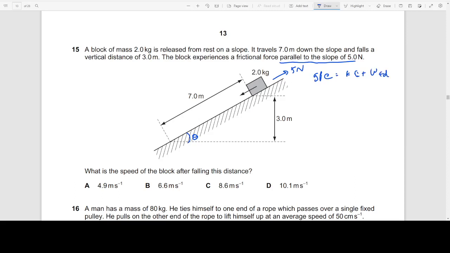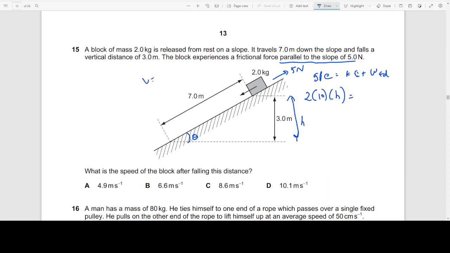So GPE is just going to be mgh, where h is the vertical height, which is 3. So m into g into h equals the final kinetic energy.